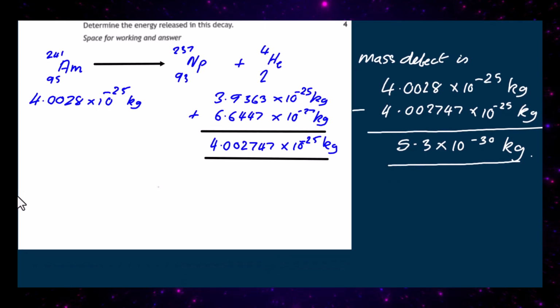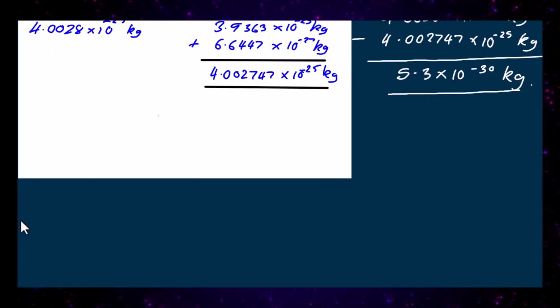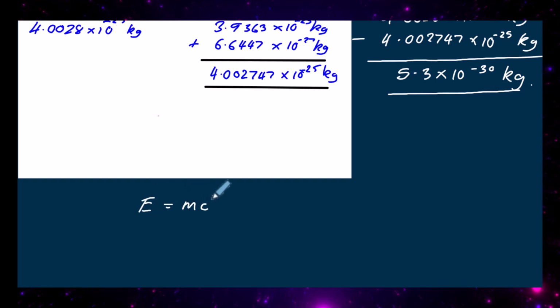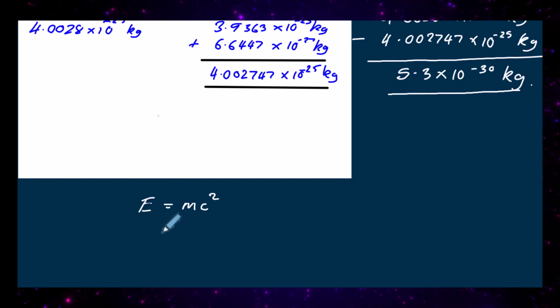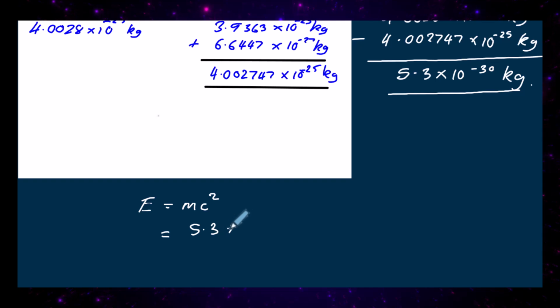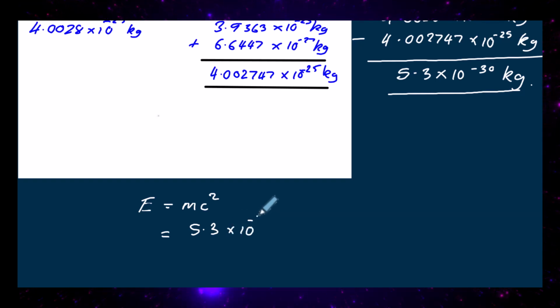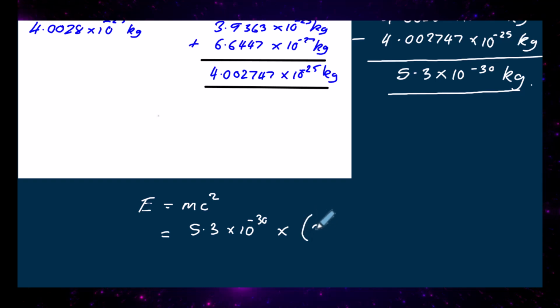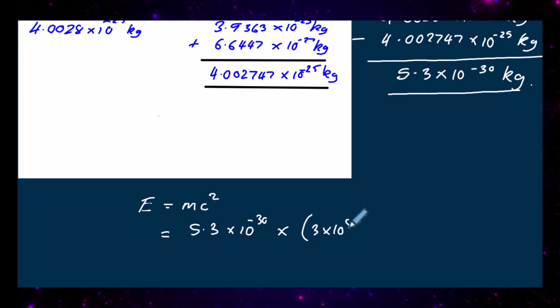And as we said before, we're now required to use Einstein's energy equivalence equation. Energy is going to equal mc squared. So we know the missing mass has to be converted into energy. So the mass we know is 5.3 from our calculation, times 10 to the minus 30 kilograms, and we have to multiply that by 3 times 10 to the power 8, the speed of light, all squared.